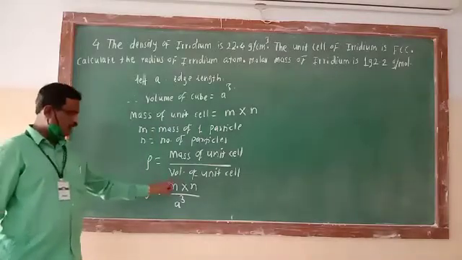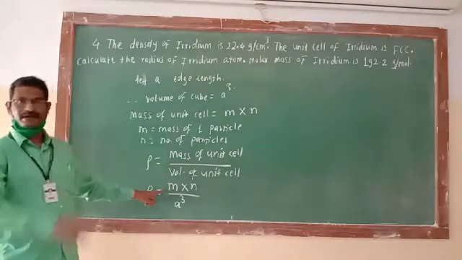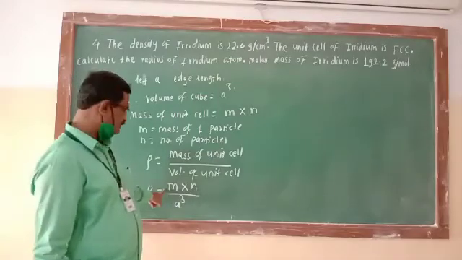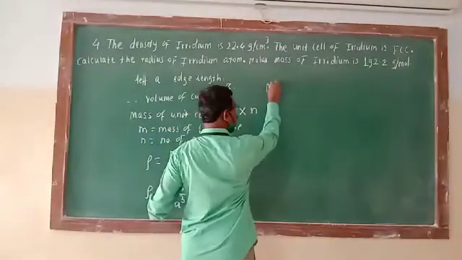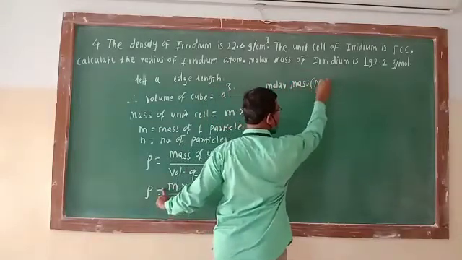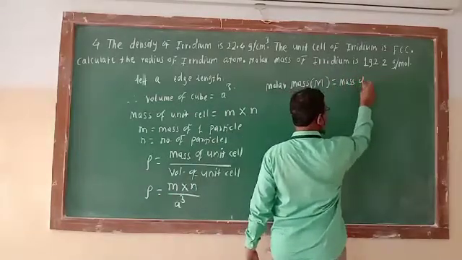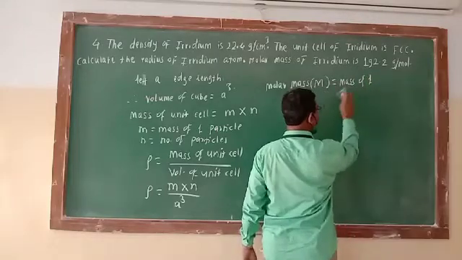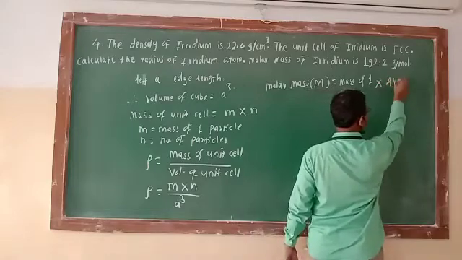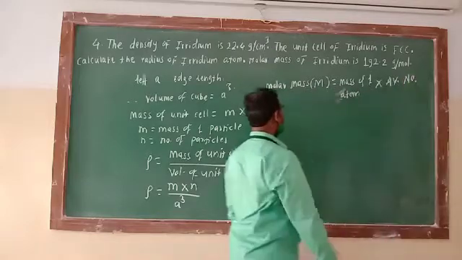Now here we have to substitute the value for m, that is mass of one particle, that can be calculated using the Avogadro's concept. According to that concept, we know that molar mass of substance, capital M, is equal to mass of one particle, or mass of one atom, multiplied by Avogadro's number.